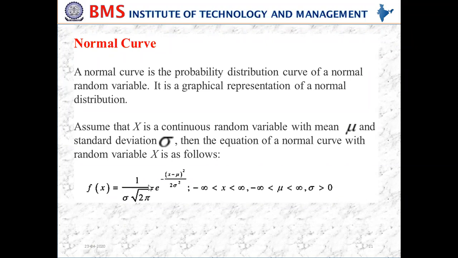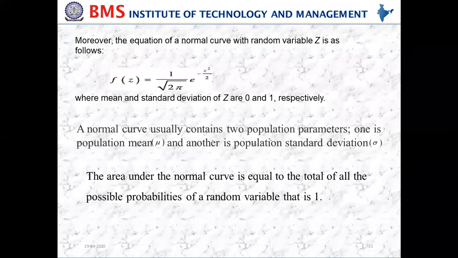Here the mean mu and standard deviation are given, but now we are going to calculate the standard normal distribution curve, which is nothing but the one with mean 0 and standard deviation 1. The equation of the normal curve with the random variable z, with mean 0 and standard deviation 1, is as follows.